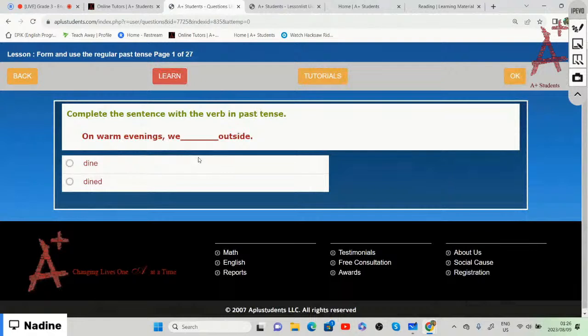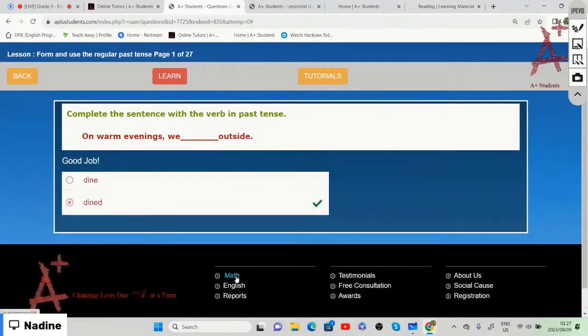And we said with the past tense, it ends in ed. So, is it dine outside or dined outside? If we want it to be in the regular past tense, then we can say, on warm evenings, we dined outside. Dined.